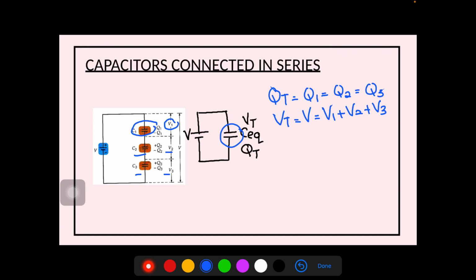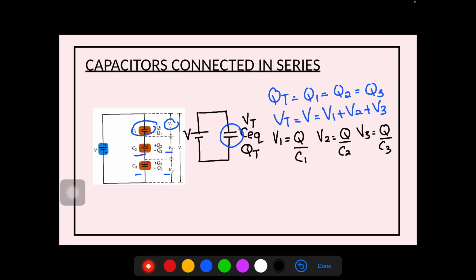So V1 plus V2 plus V3 is equal to V total, where, from C equals Q over V, V1 is equal to Q over C1, V2 equals Q over C2, and V3 equals Q3, or Q over C3.